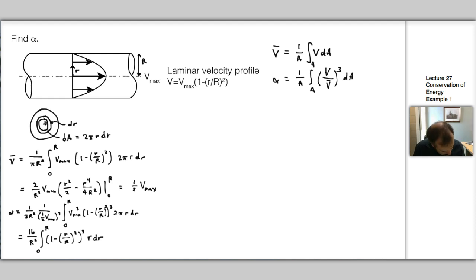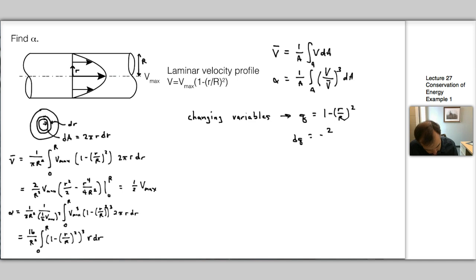So we're going to look at changing variables. What we're going to do is say q is equal to 1 minus (r over R) squared. That means that dq is going to equal negative 2 r dr over capital R squared.